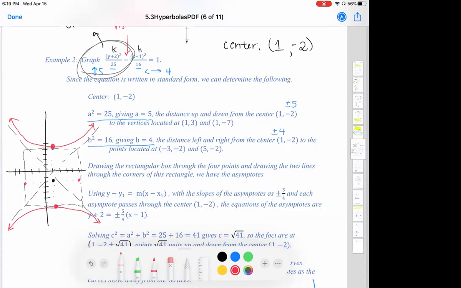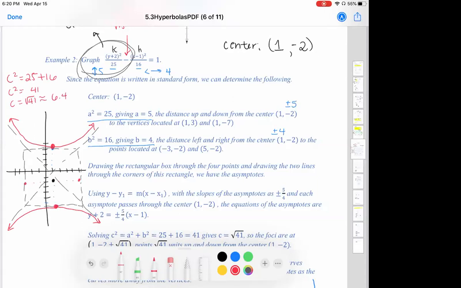And we're going to have a focus point. We said our focus point is the sum of those two. So c squared equals 25 plus 16, which gives us 41. Take the square root. The square root of 41 is about 6.4.